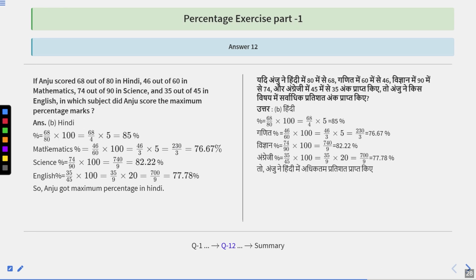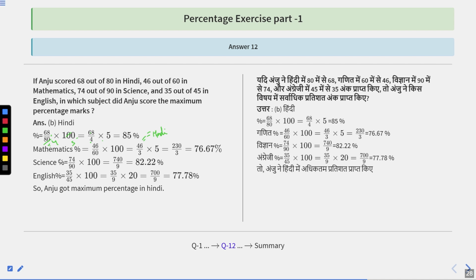So the percentage in Hindi is going to be 68 upon 80, because out of 80, she is getting 68 marks. After simplifying, that gives 85% as the percentage in Hindi.